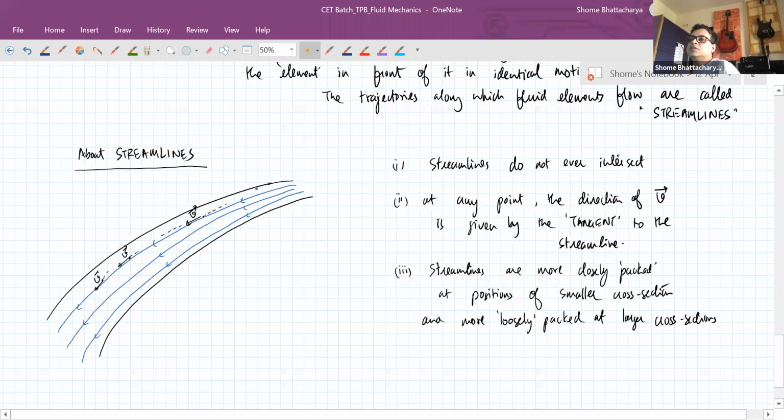For example, in this diagram, you can see here the cross section is comparatively lesser, so the packing density is more. The streamlines are closer together, whereas comparatively here, the area of cross section is more. So you can see the streamlines are further apart. They are not packed so closely. Okay. So these are certain important properties about streamlines.